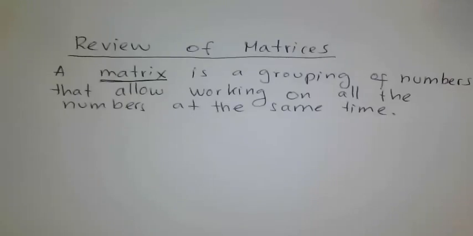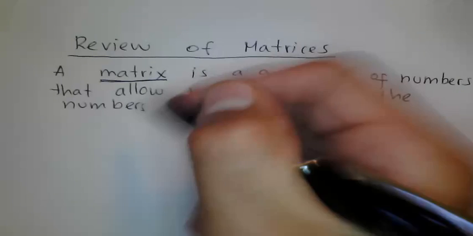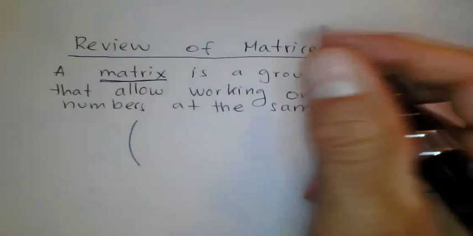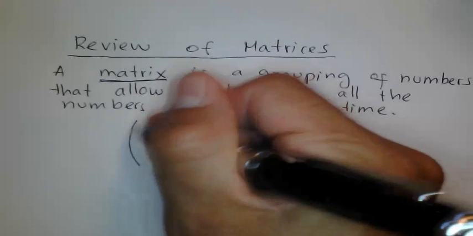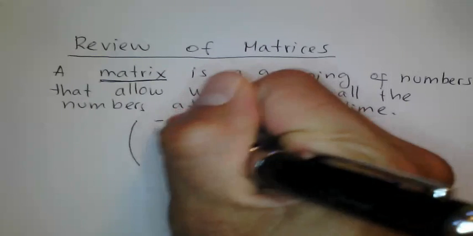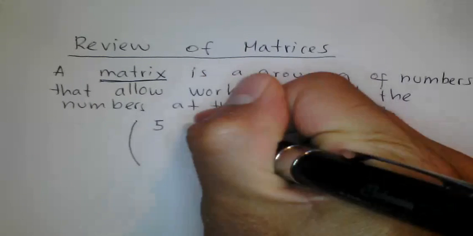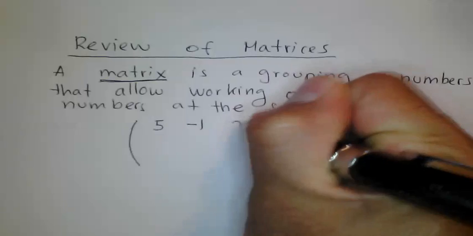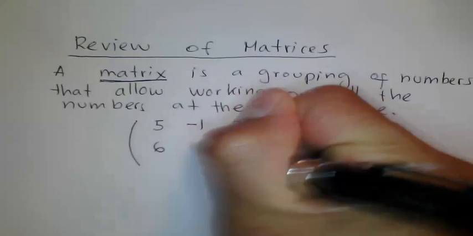A typical way of grouping those numbers is that we have a big parenthesis and then maybe have the array of numbers like 5, -1, 2, and 6, 0, and 9.